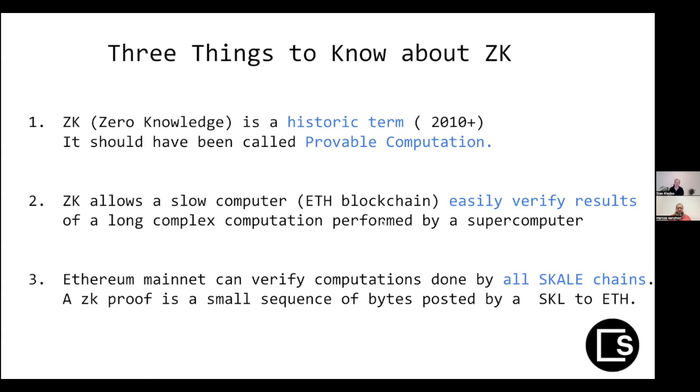But what we're going to do now, we're going to go into a toy example, which will give you a feeling that it's actually not magic. You can actually verify really, really complex computation by a human, essentially, using a very simple technique.